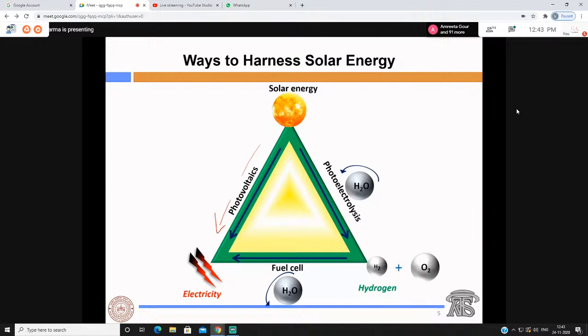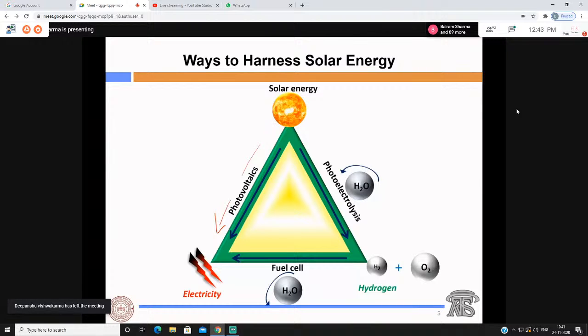It utilizes semiconductor material, and there the semiconductor material produces electrons and holes, and those are separated far enough with the energy difference of the electrons, so that we can utilize it when we connect it through an external load. Okay, so this is one way of solar energy harnessing.